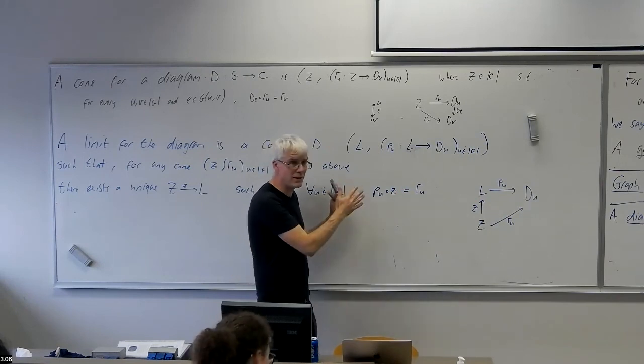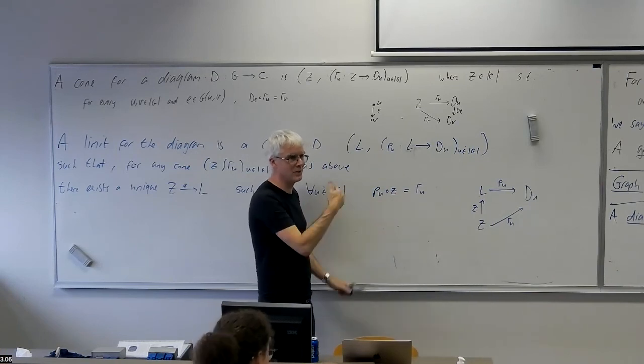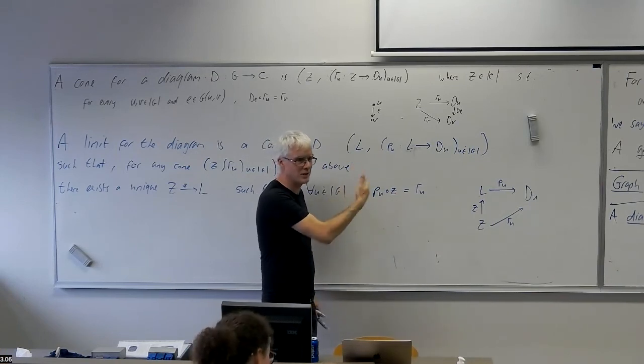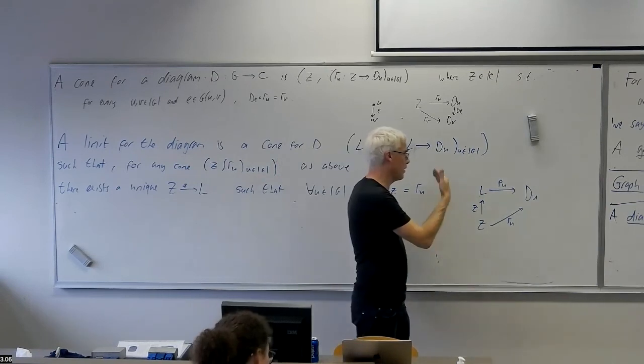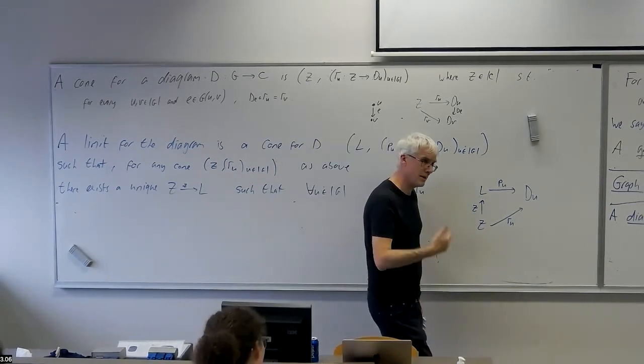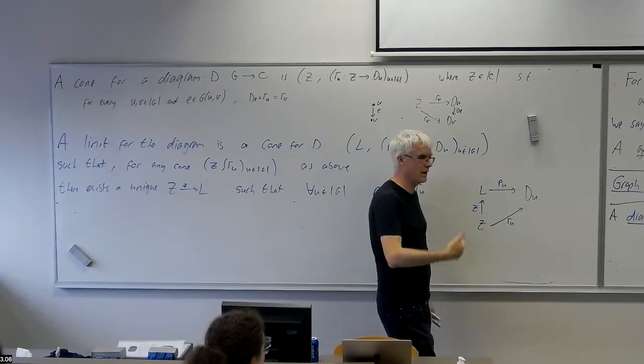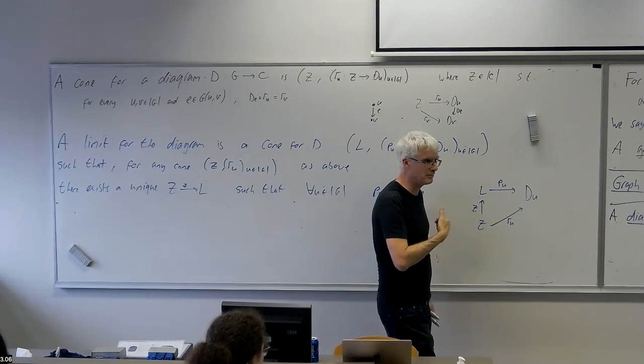Okay, so it looks very abstract, but it's basically exactly what we've seen in all the examples, just written in the general form of cones with respect to diagrams given as graph morphisms from a diagram shape.